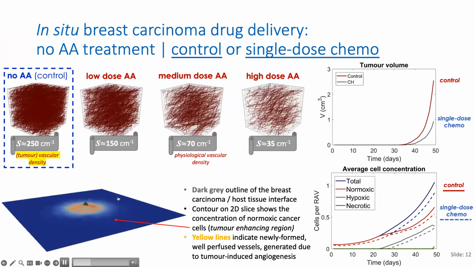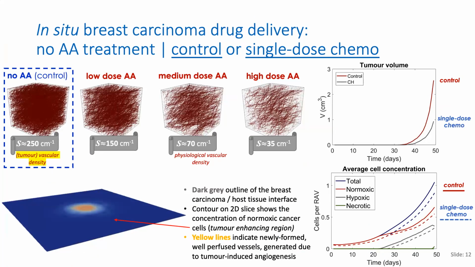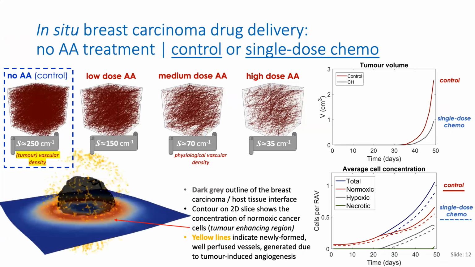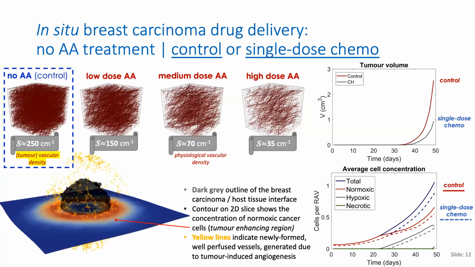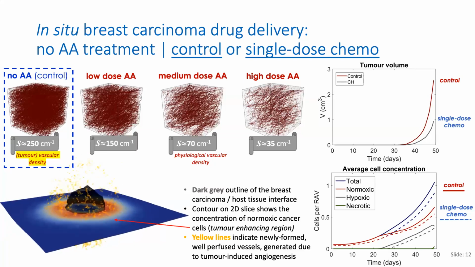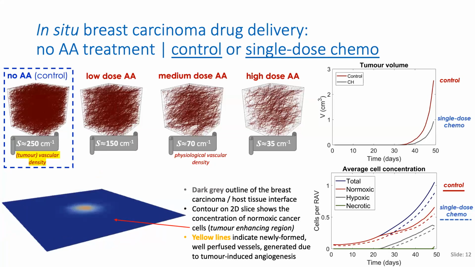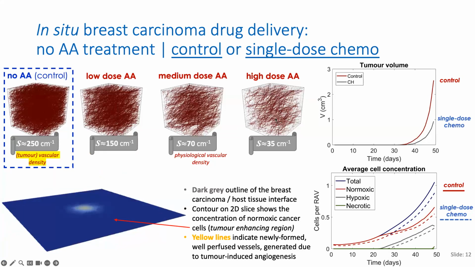Yeah, so all of the different scenarios assume that we have this control, meaning that you have implanted the tumor on the mouse, the tumor has grown, and the vessels have reached this kind of pathological density. Then we run different scenarios where we have separately administered anti-angiogenic treatment: moderate dose, low dose, or extremely high dose, which is, to be honest, on the far right, and which is problematic.